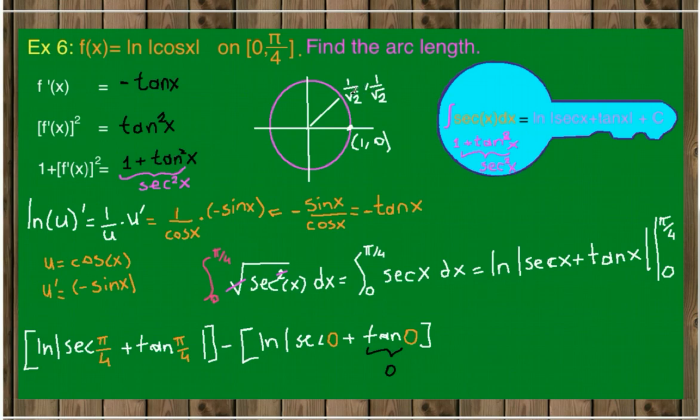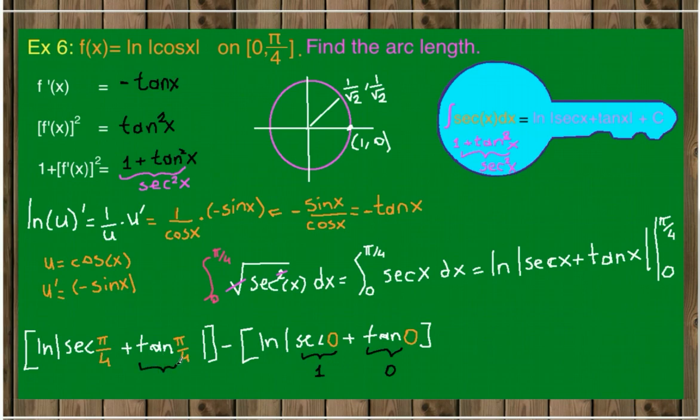Tangent 0: tangent is sine over cosine, 0 over 1 is 0. Secant is 1 over cosine, and 1 over 1 is 1. So secant 0 is 1.